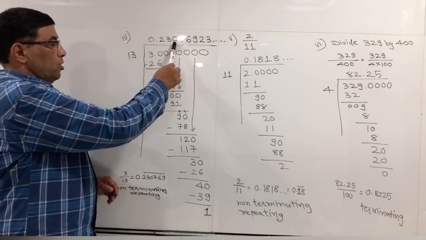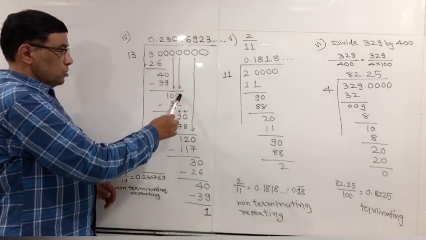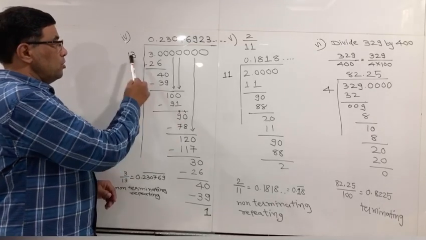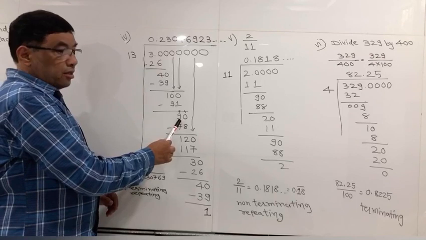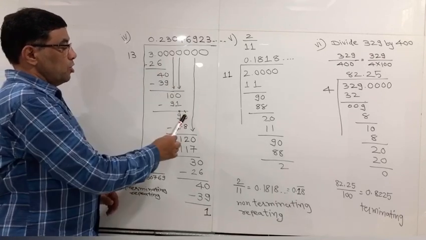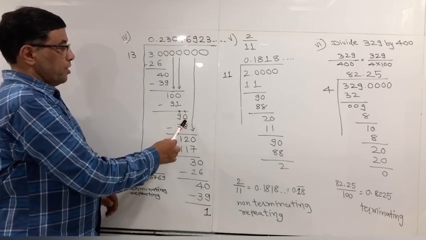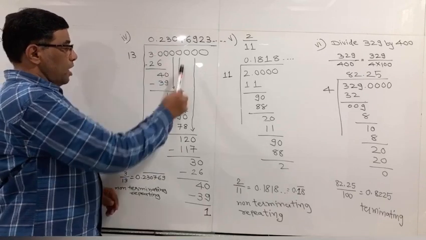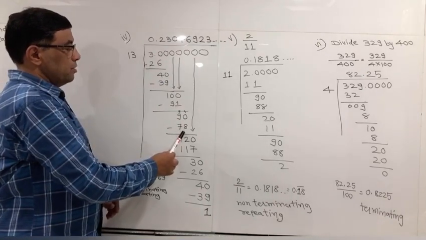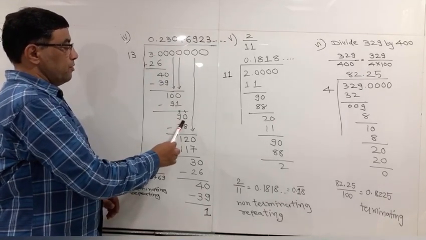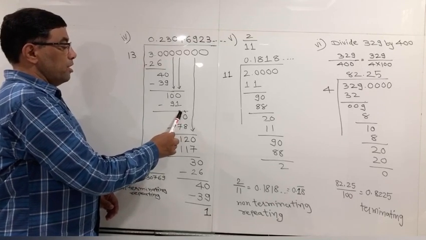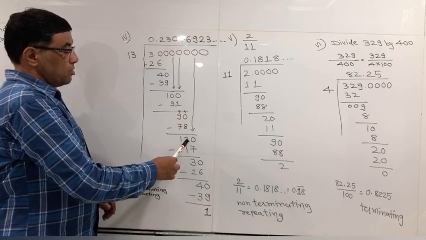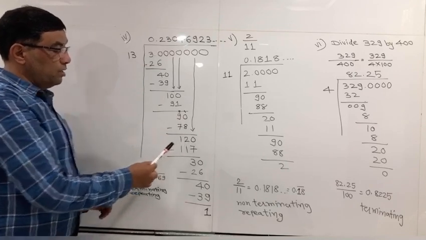We apply 0 and then 0 down. So 100. Now 13 sevens are 91, 9 remainder. 0 down, 90. Now 13 sixes are 78, and the remainder is 12.